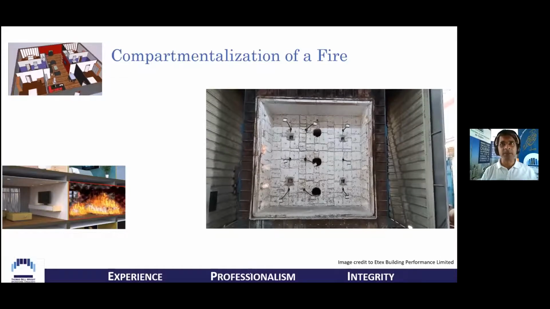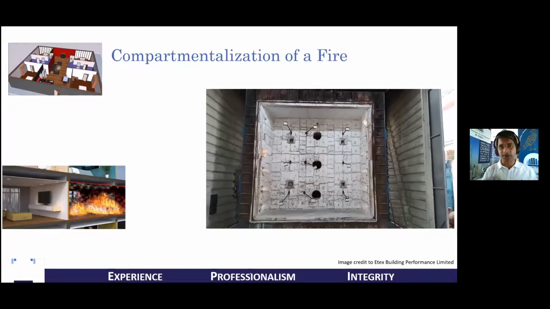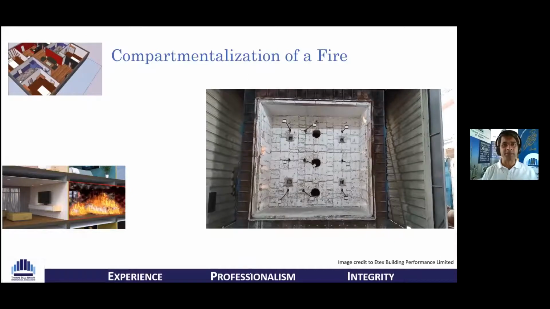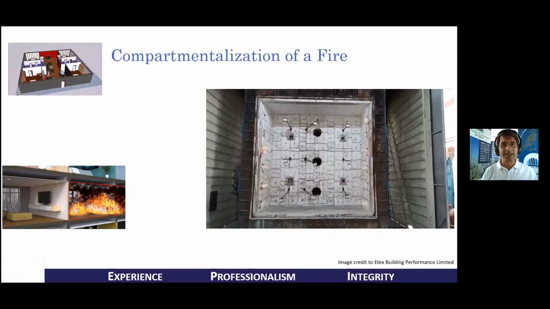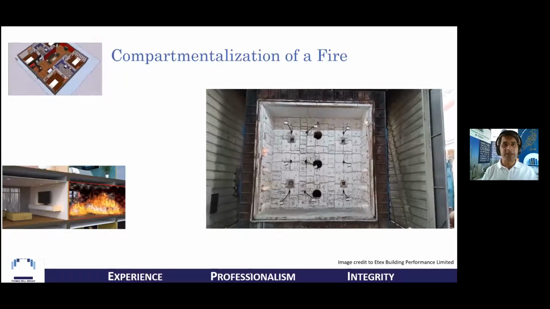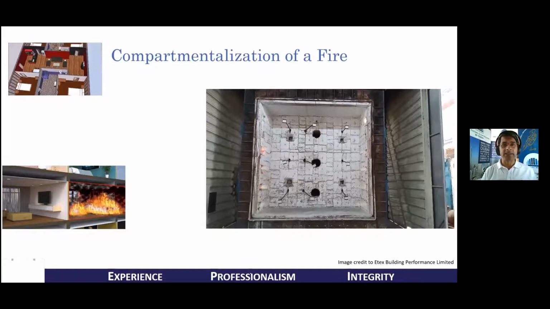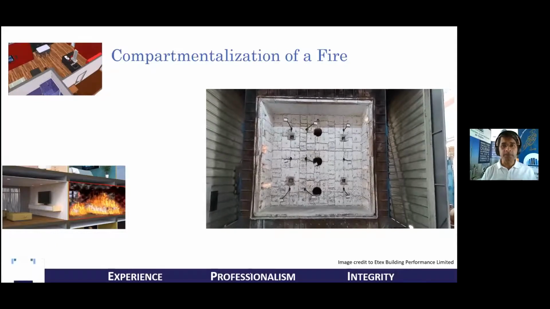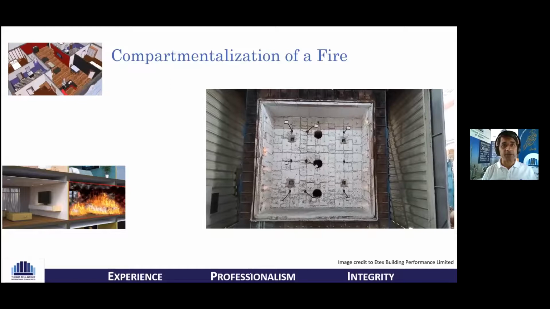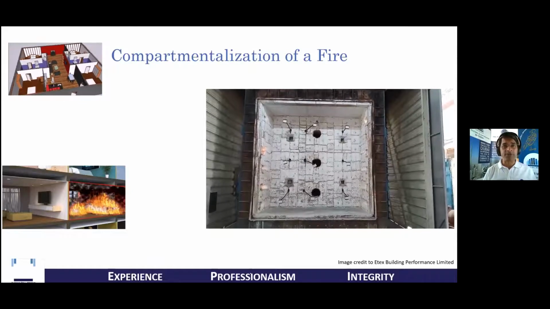As you can see, this furnace, which is our furnace, is a 3 meter by 3 meter furnace. It has 12 burners on the sides, and it has several mechanisms that can help us recreate a fire scenario of a fully developed fire in a room, a fire gone out of control.